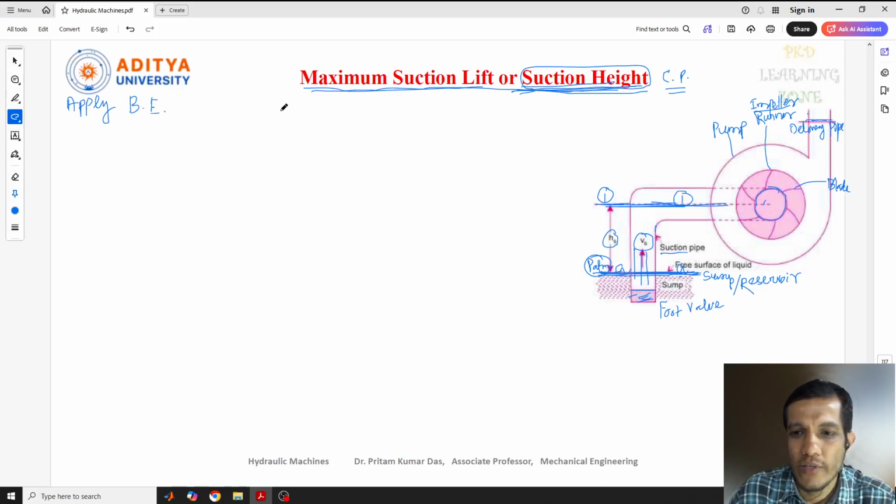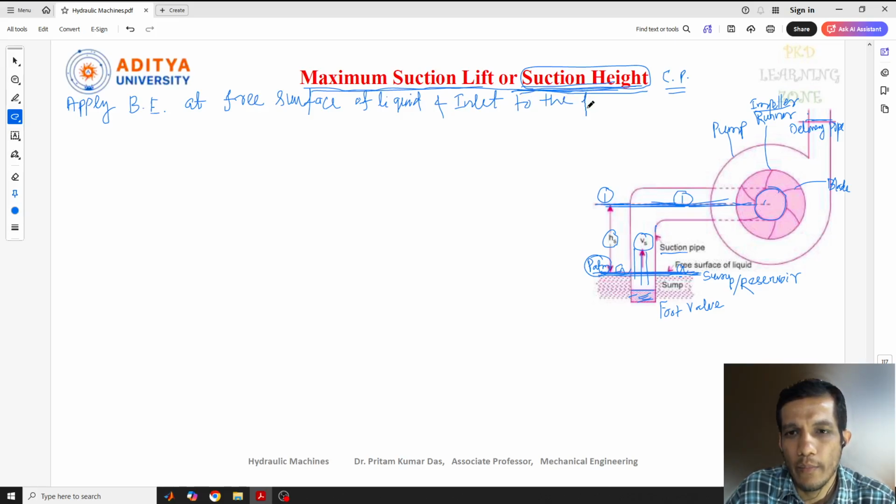We apply Bernoulli's equation at the free surface of the liquid in the sump, and at section 1, which is the suction pipe, just at the inlet to the impeller, the inlet to the pump. Between these two, let us apply Bernoulli's equation.